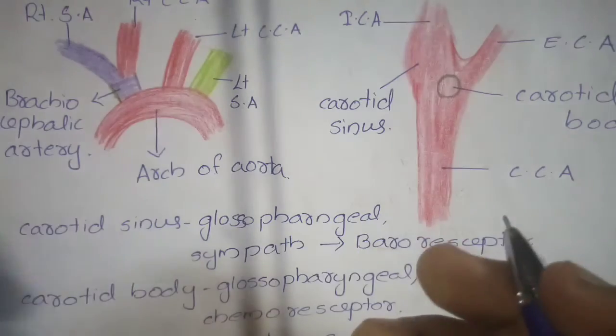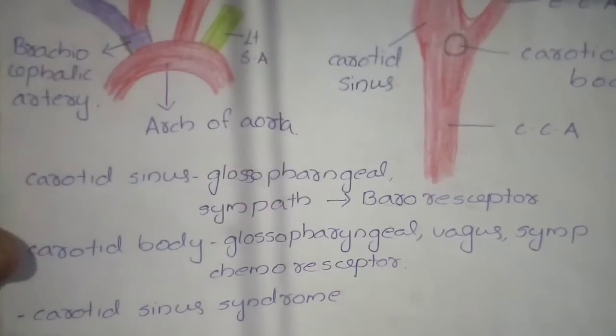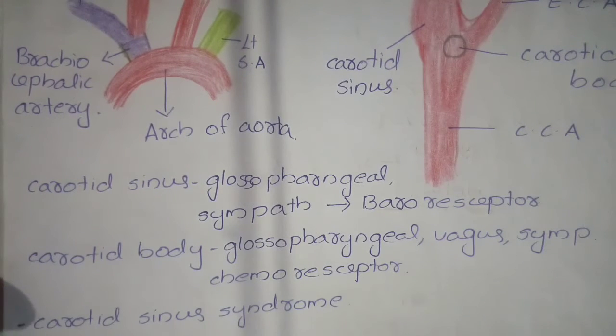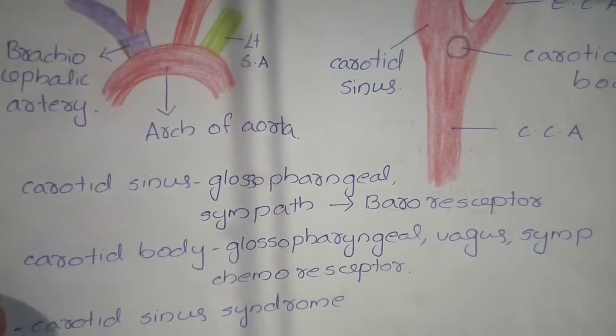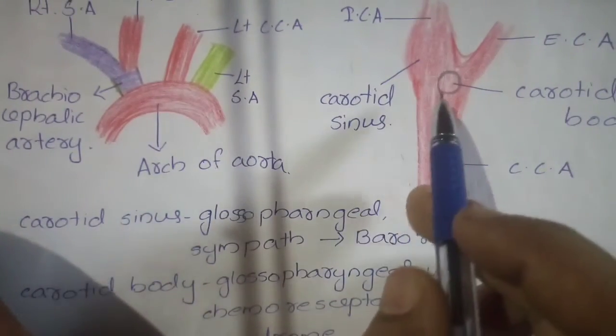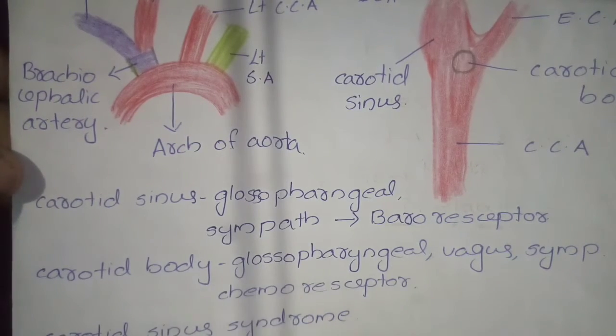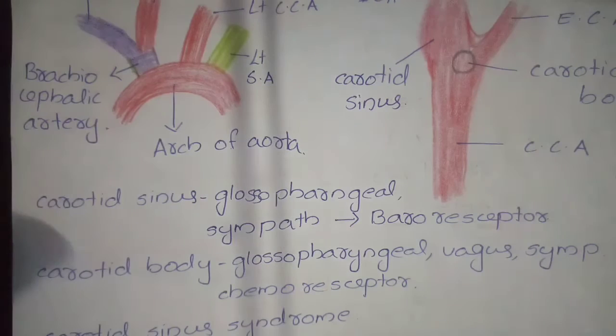Moving to the carotid body, it's a small reddish brown structure present behind the bifurcation of the common carotid artery. I have marked the position of the carotid body here. It is innervated by the glossopharyngeal, vagus and sympathetic nerves.